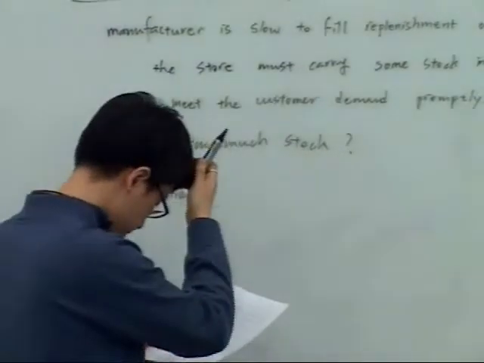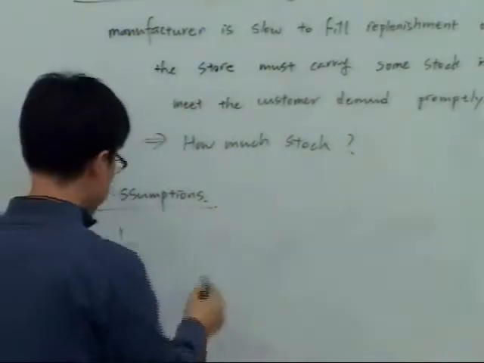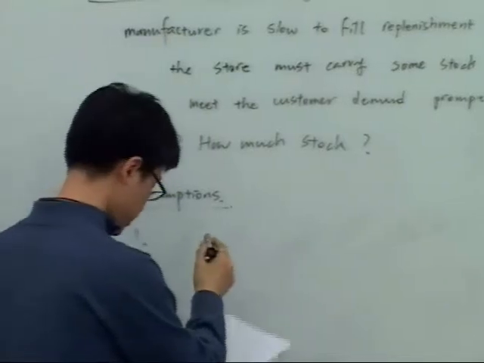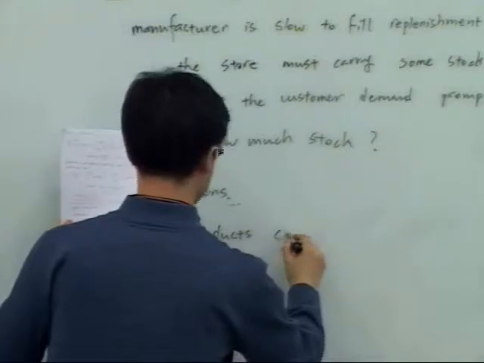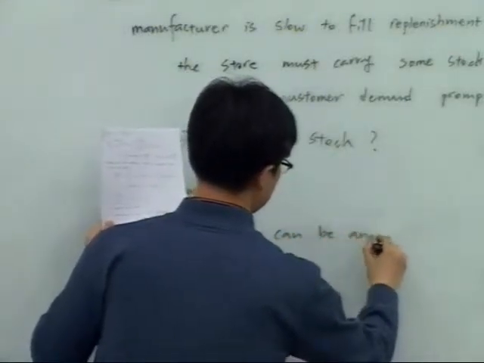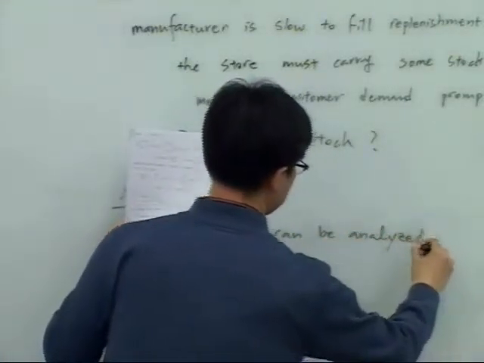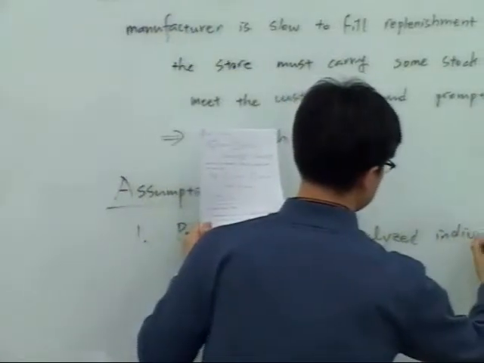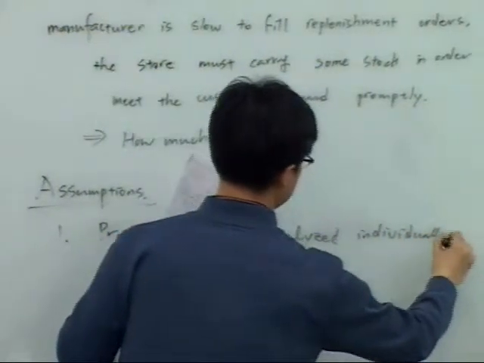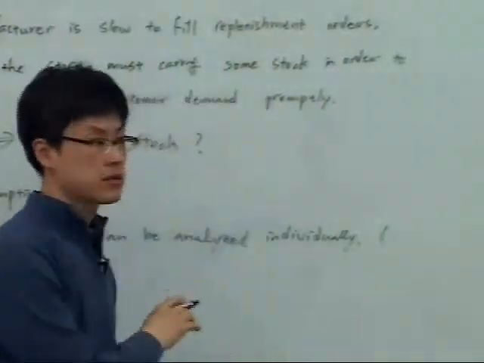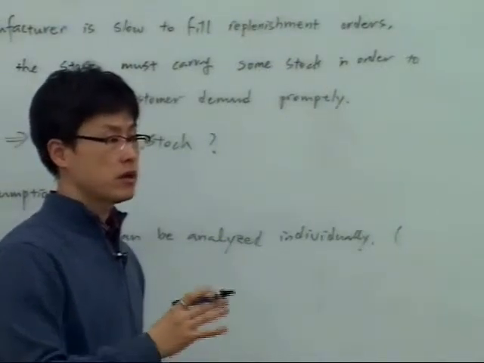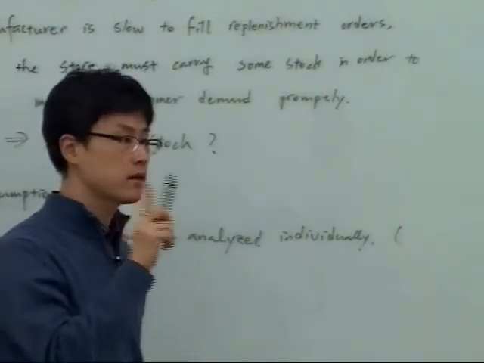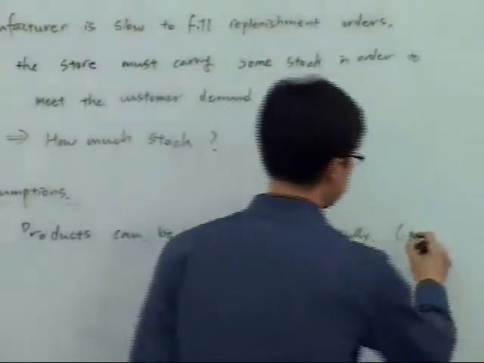Assumption. No interaction assumption, which means products can be analyzed individually. This is a very strong one, which means we are going to think that our factory or store sells only one type of product, no interaction.